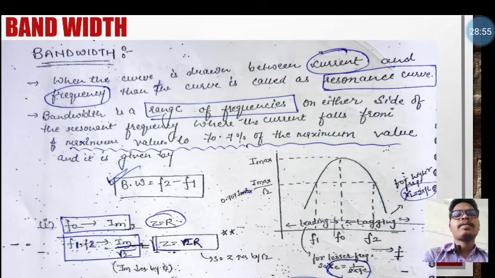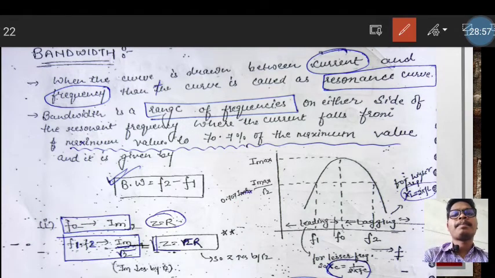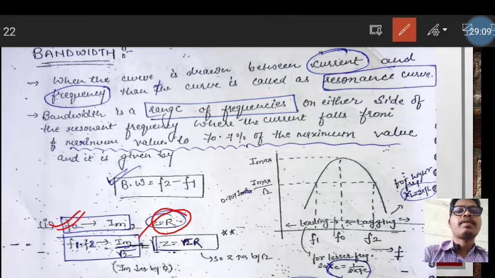So now see, if Z is equal to R, then the frequency is F0, at the maximum point I maximum.